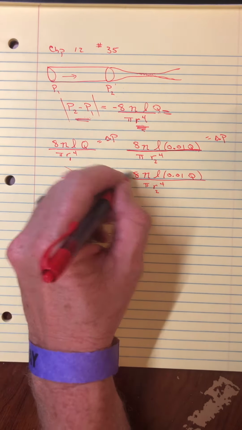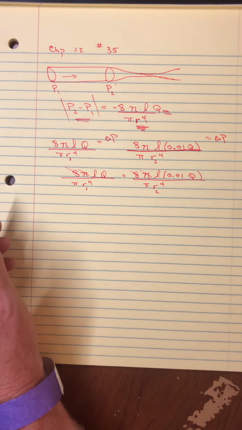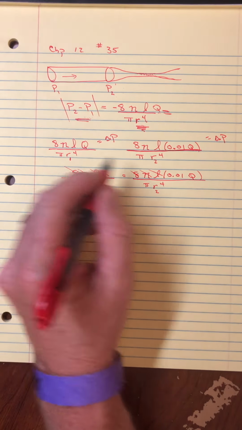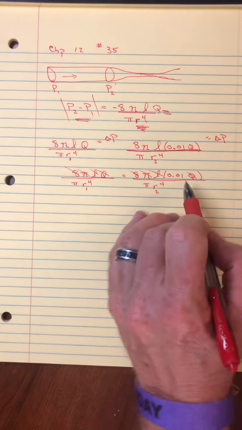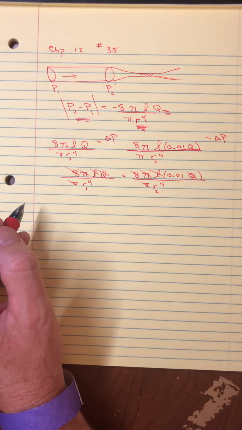So notice that the 8 really doesn't matter. It cancels off. Notice also that the viscosity really doesn't matter. Notice also the length doesn't matter. The flow rate, again, doesn't really matter. The 1% is what's important, and the pi.